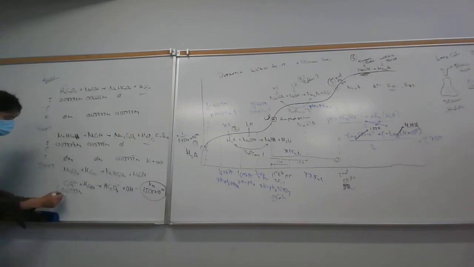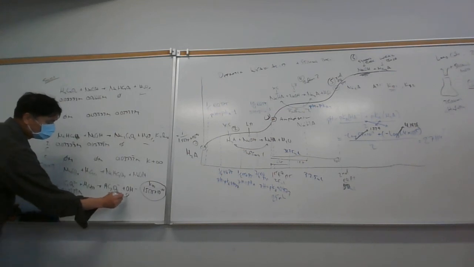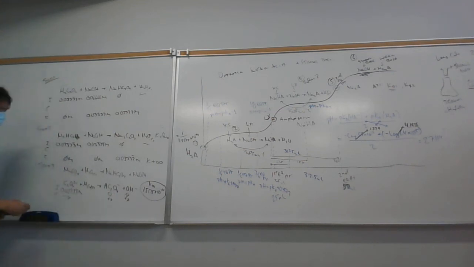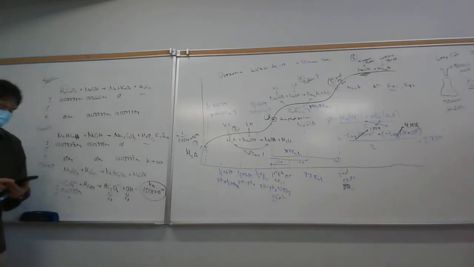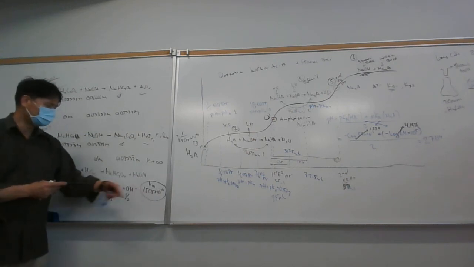But the change is going to be minus x, 0, plus x, 0, plus x. And so I'm going to use the simplifying assumption for this because it's so small, 10 to the minus 10. And so I'm going to simplify 0.0333 minus x just to 0.0333. And so that's going to be this KB1.